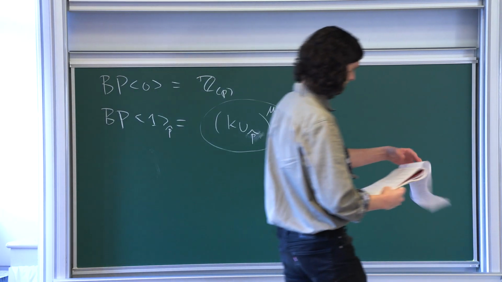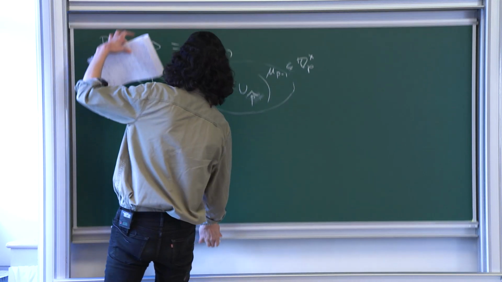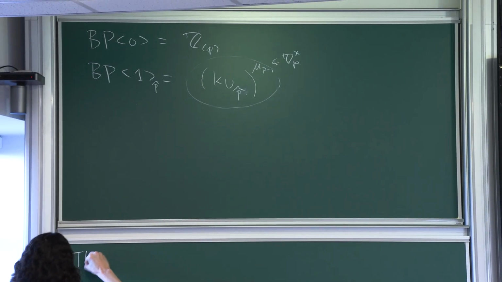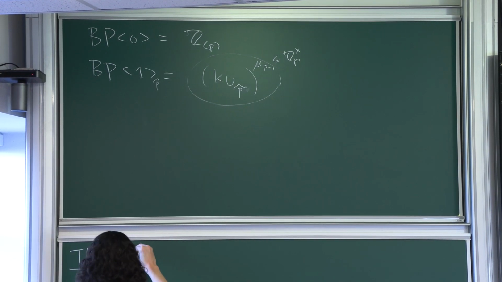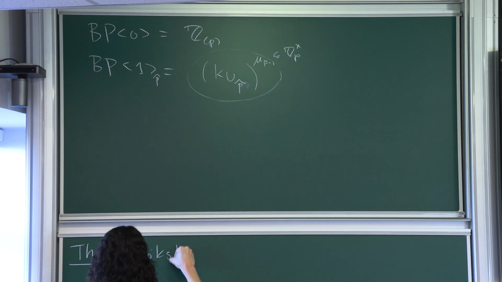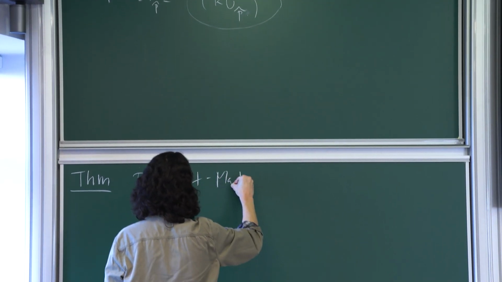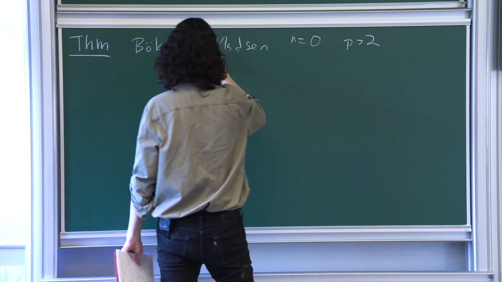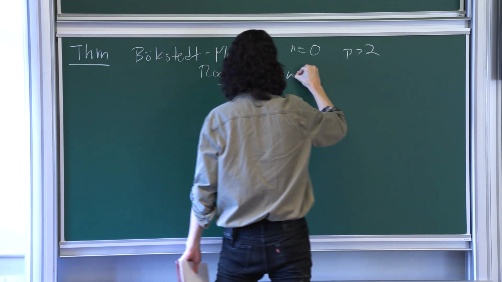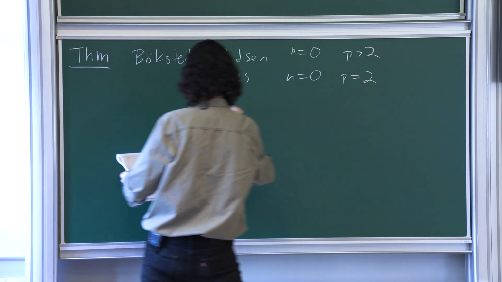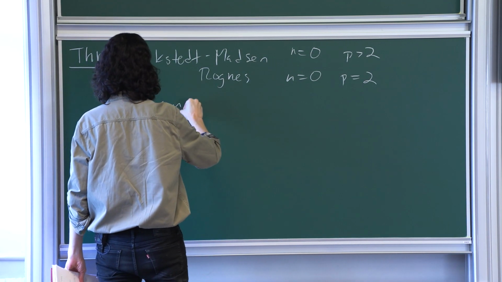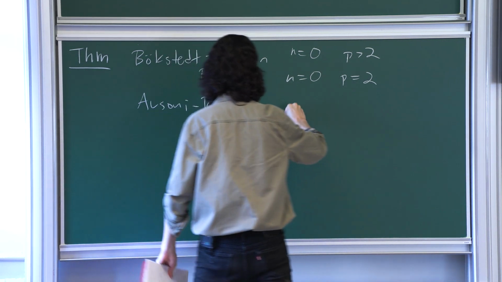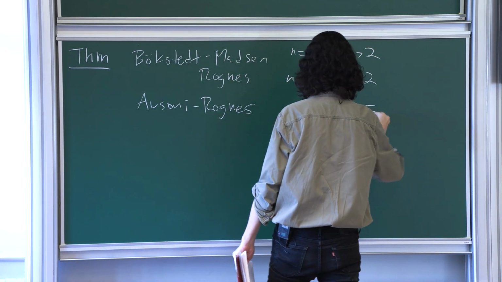Okay. So the theorem, this is Burklund-Hahn-Levy-Schlank when n equals 0 and p greater than 2, I think, and then maybe Rognes n equals 0, p equals 2. And now here's the big deal. Ausoni-Rognes n equals 1, and I believe p greater than 5.